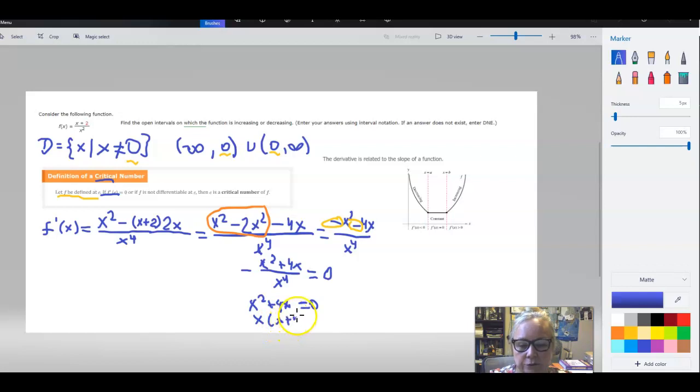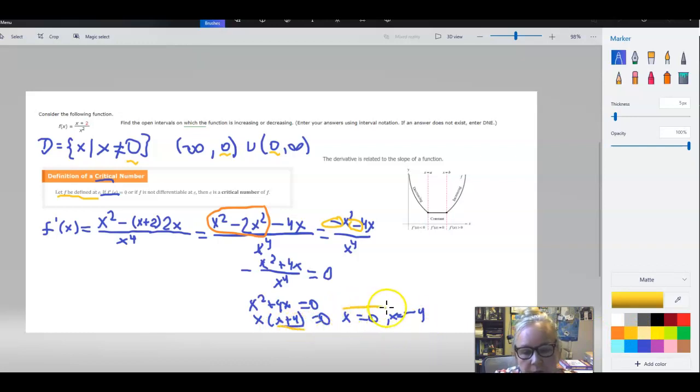And the solution of this equation is x equals 0 and x equals negative 4. X equals negative 4 from the second parenthesis.